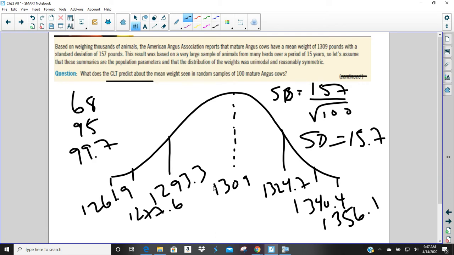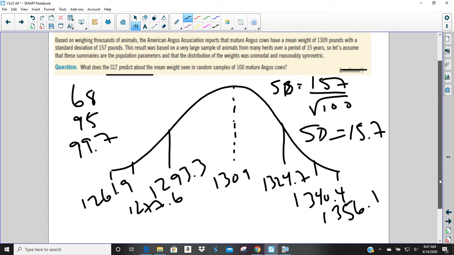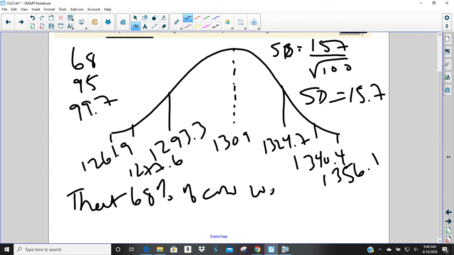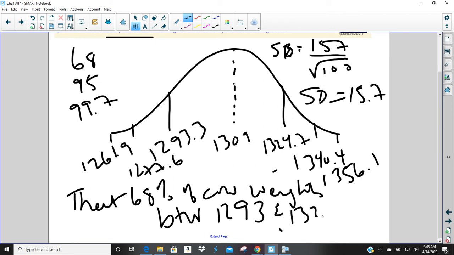So what is it telling us? We can summarize that 68% of cow weights will be between 1293 and 1325 pounds.